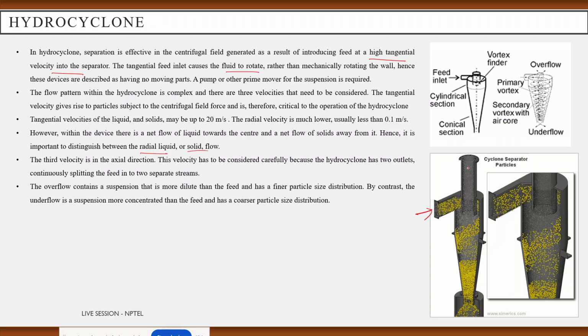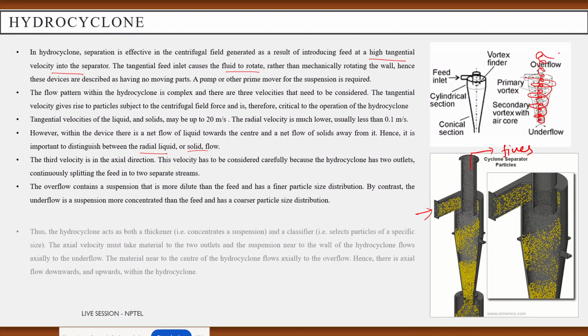The overflow is fines. By contrast, the underflow is more concentrated and has a coarser size distribution. This bigger one is the primary vortex. It goes down and then goes this way. This one is the secondary vortex.